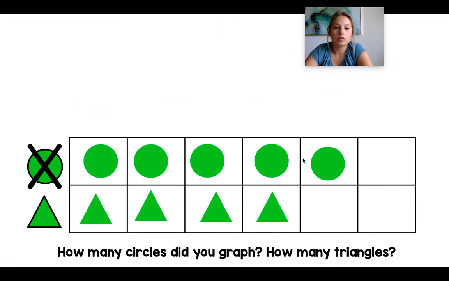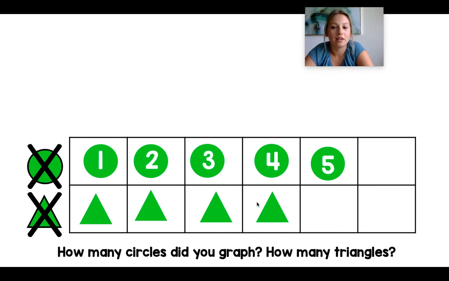We also sorted shapes into a graph by the actual shape. So we did circles on the top, triangles on the bottom. This is what it looks like. When we count them, we don't count the ones on the outside because they're not in the graph. You only count the ones inside the graph. 1, 2, 3, 4, 5 circles, and then triangles on the bottom, 1, 2, 3, 4.